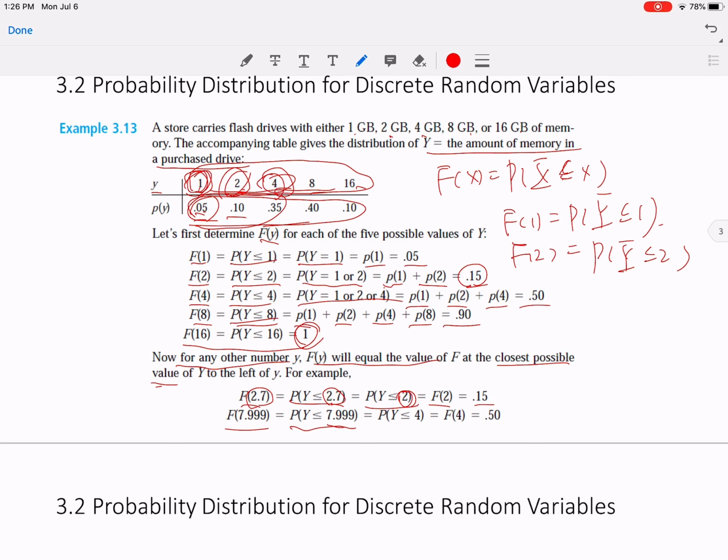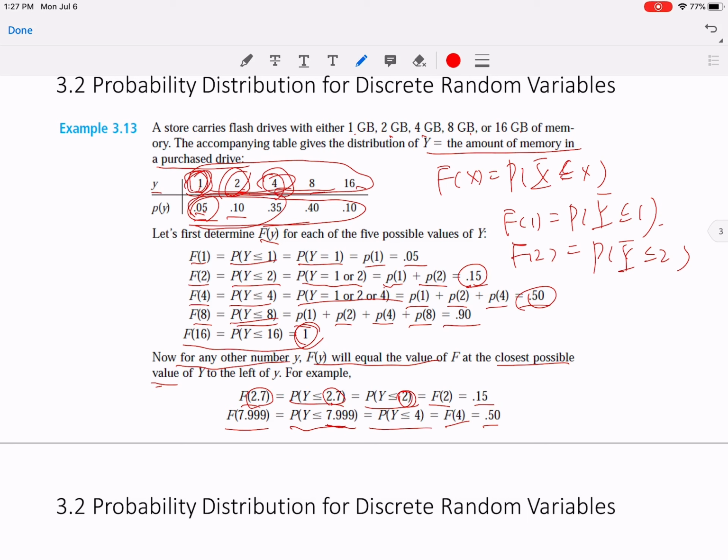Because 8 is greater than that. So in this case, the probability of y is less than or equal to 7.99 is equal to the probability of y is less than or equal to 4, because 4 is the closest possible value of y to the left of 7.99, and this is equal to f of 4. So this is equal to 0.50, as what we get over here.